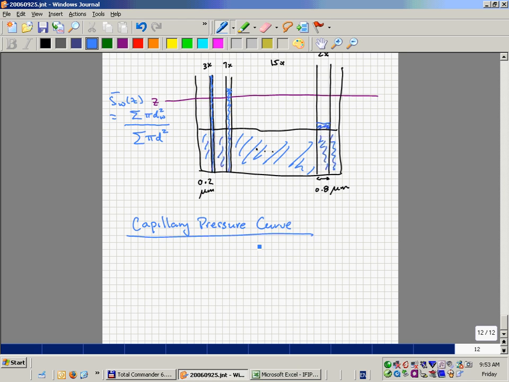And we say that the capillary pressure is basically equal to... who wrote this equation? I can't remember. Ask Torsaeter. I don't remember who.